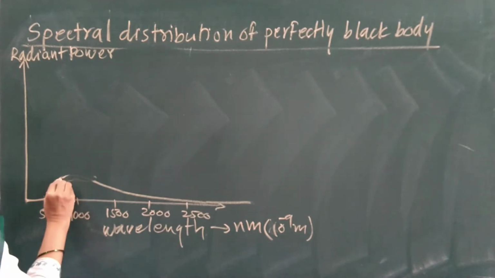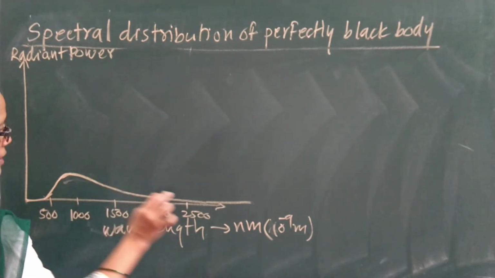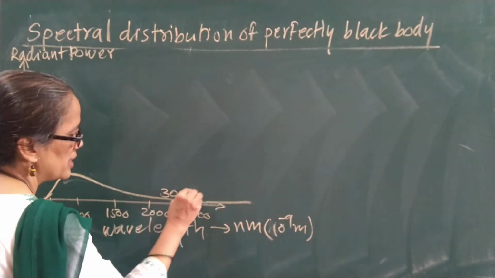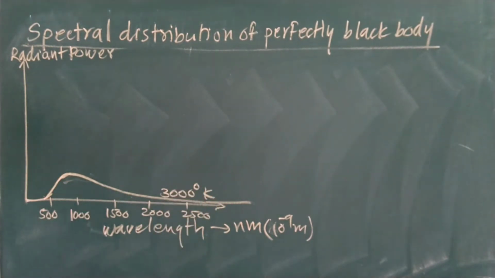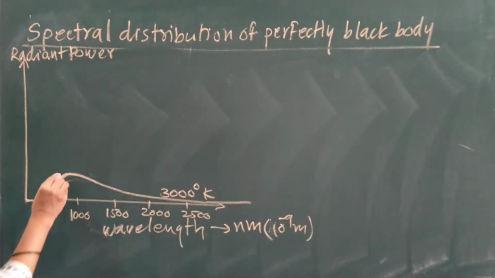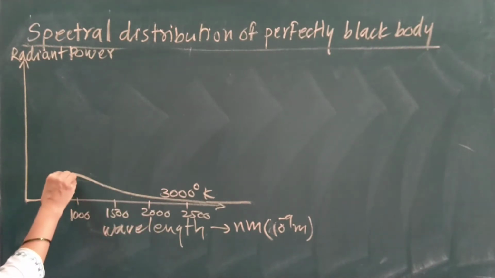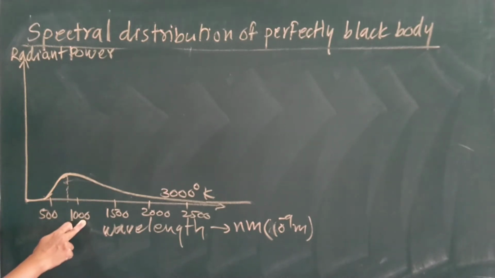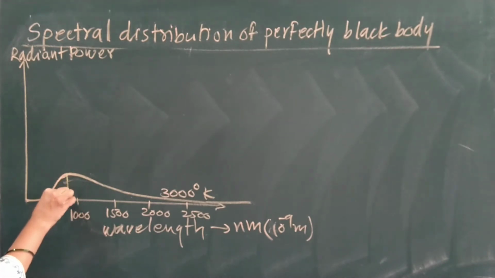Your power has to be decreased further. And this graphical presentation I am getting for temperature as 3000 degree Kelvin. So 3000 degree Kelvin का यहाँ पे देखो ये peak कहाँ है? This peak is in between 500 to 1000 nanometer. यहाँ पे इसका peak आ रहा है.